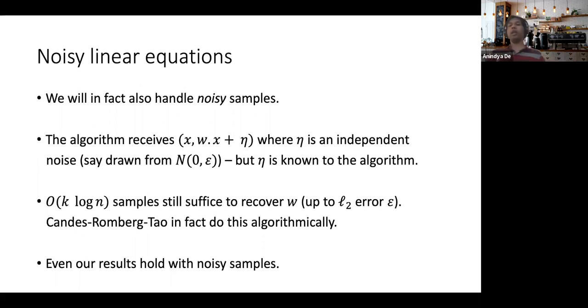So the samples the algorithm receives would be of the form x comma w dot x plus eta, where eta is drawn from an independent distribution. The distribution of the noise might be something like N(0,1), the standard Gaussian or something.